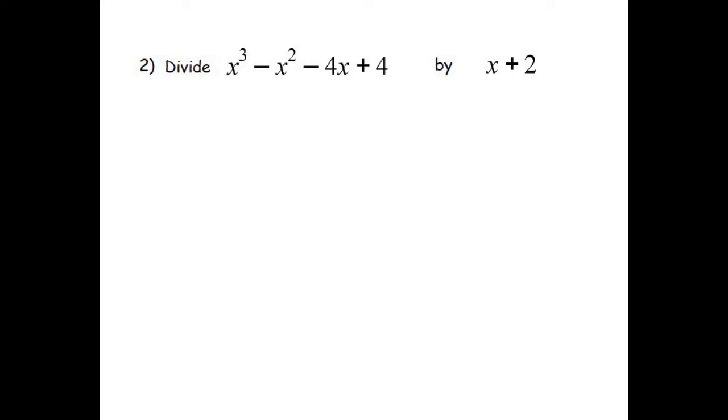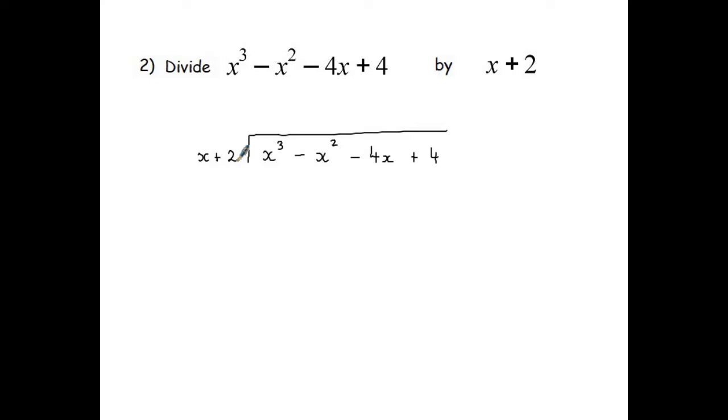Example 2. So we're going to divide x cubed minus x squared minus 4x plus 4 by the factor x plus 2. So into our bus stop first. So x cubed minus x squared minus 4x plus 4 and x plus 2 on the outside.